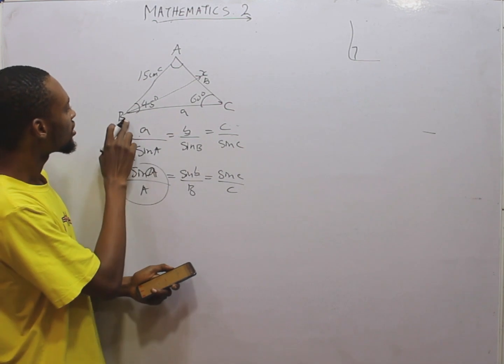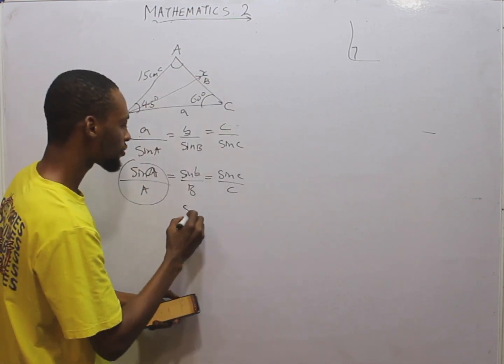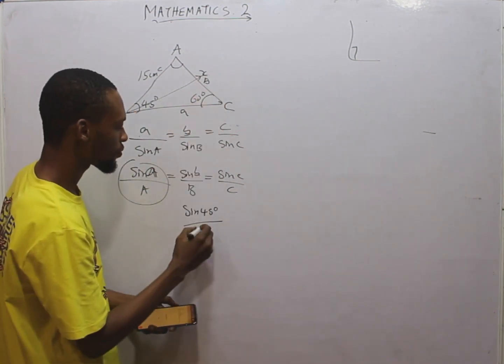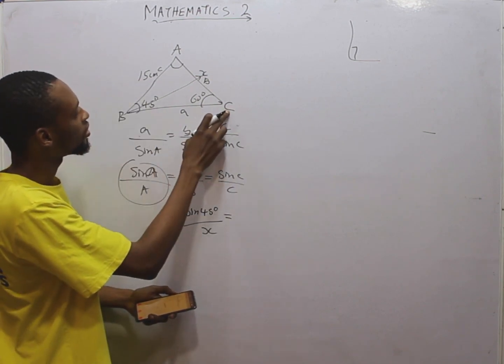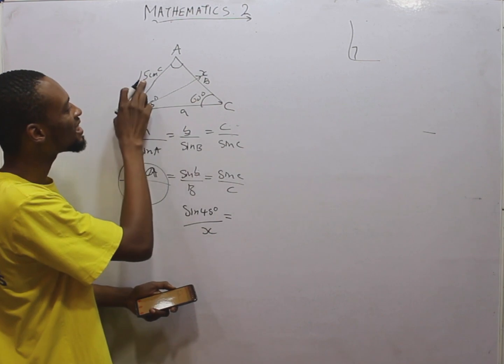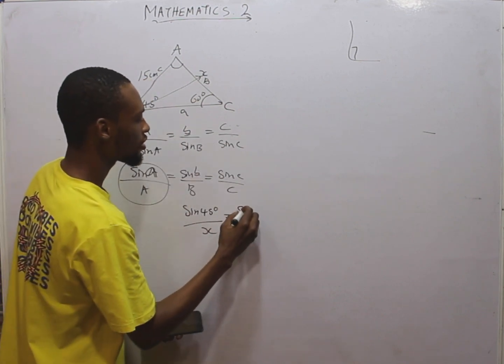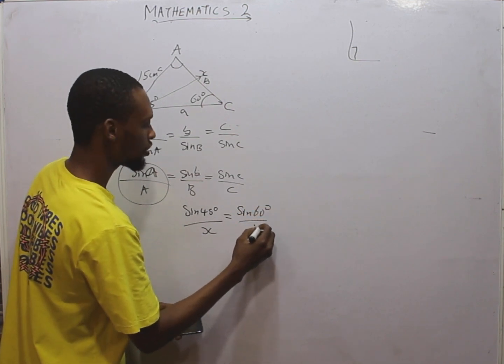Having this, sine B over b is sine 45 degrees over s, is equal to sine C over c. C is 60 degrees and the side is 15 centimeters. So sine 60 degrees over 15.